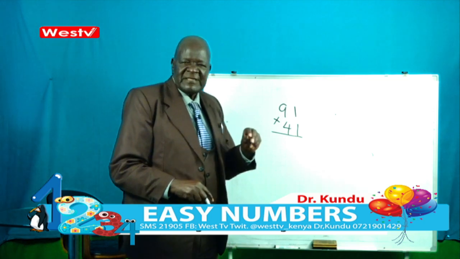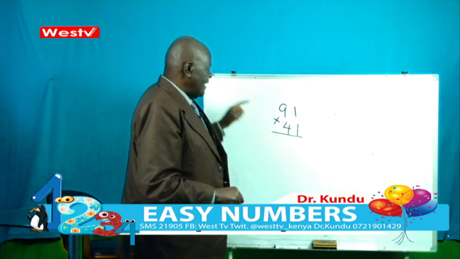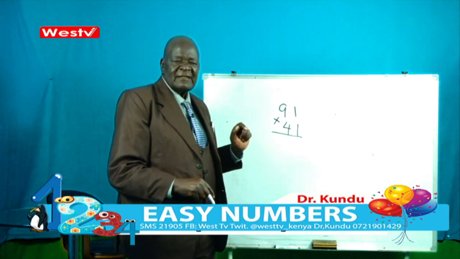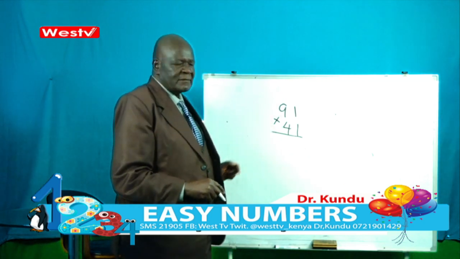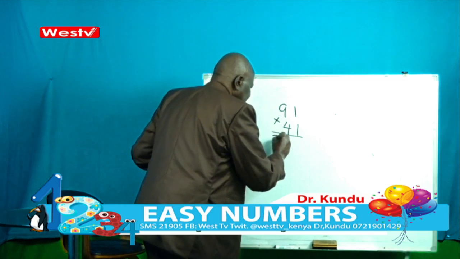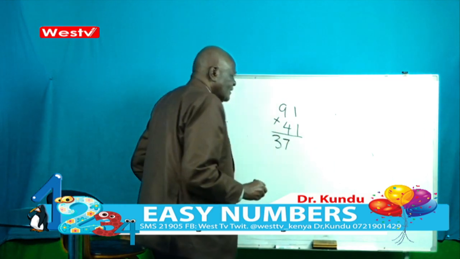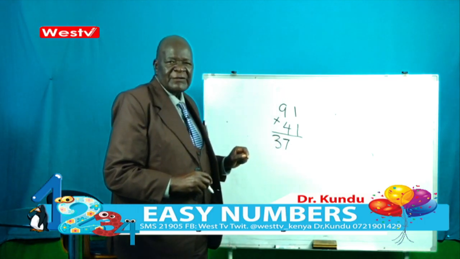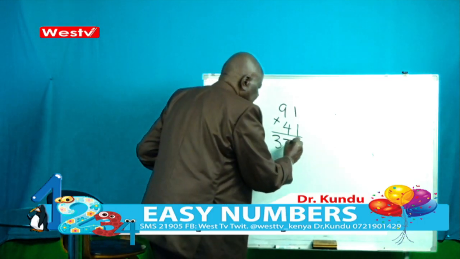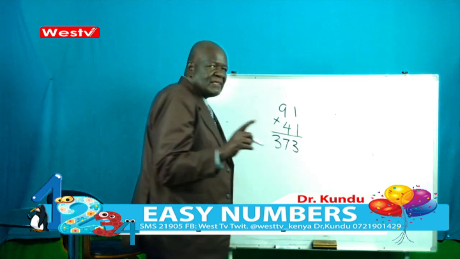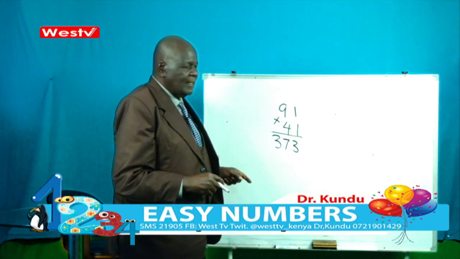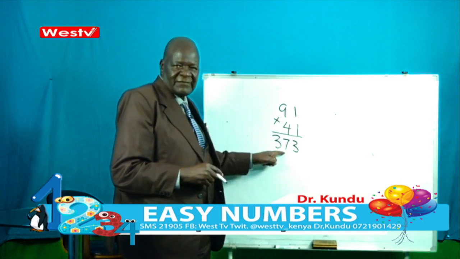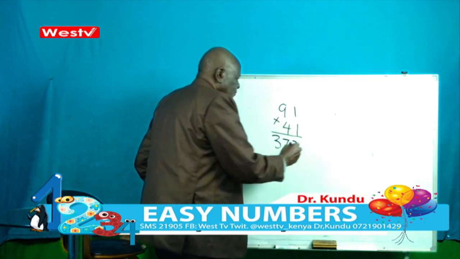If it's going to be 2 digits, multiply the tens digit 9 times 4 to get 36 and add on 1. So the answer begins by 37. Now 9 plus 4 is 13. You only put 3 in the center. Where has the other one gone? The other one was a carry which was put on 36 to make 37. And then you drop 1.